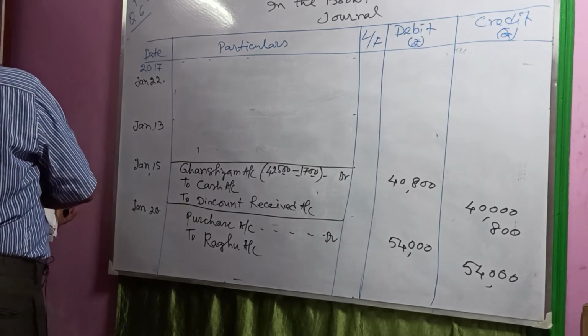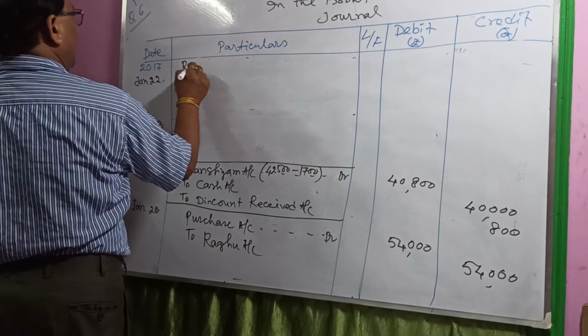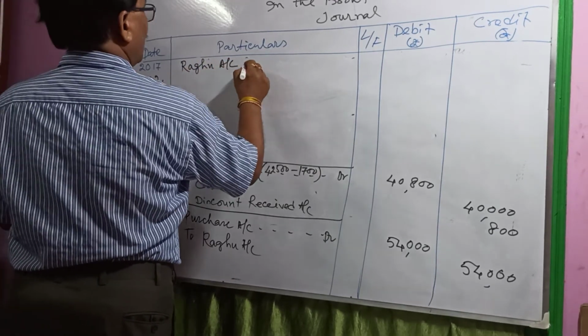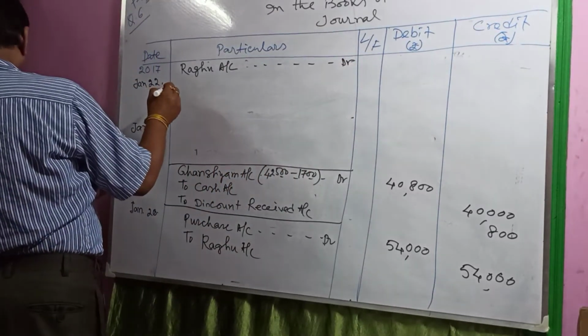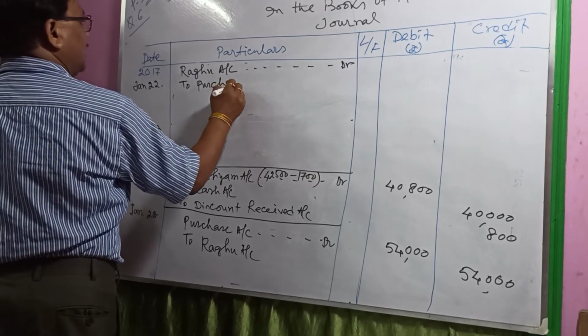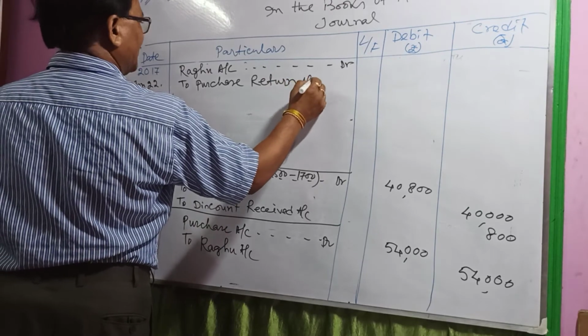That means journal entry again: Raghu account debit to purchase return account.